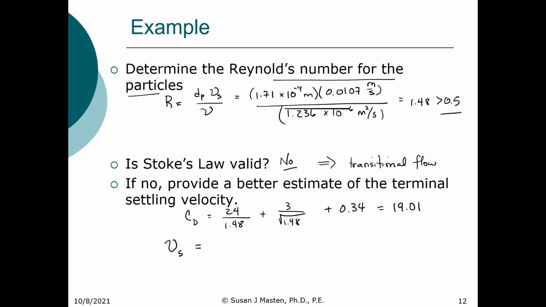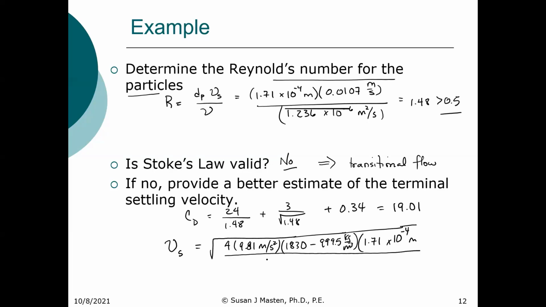It's the first equation on your notes: the terminal settling velocity is equal to the square root of 4 times g, 9.81 meters per second squared, times the difference in our particle density and our fluid density, times the diameter of the particle, divided by 3 times the coefficient of drag times the density of the fluid.